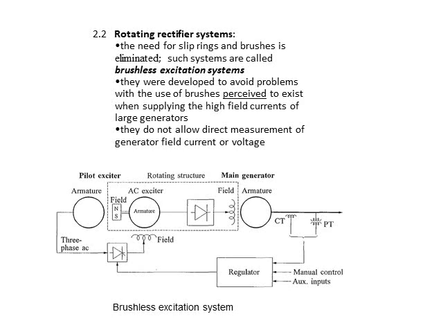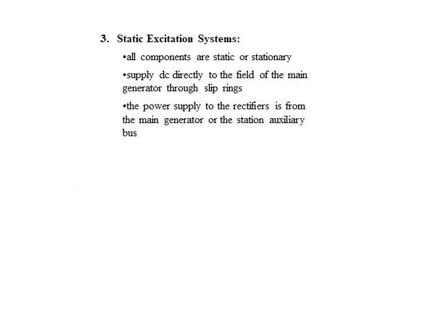They do not allow direct measurement of generator field current or voltage. That is the block diagram of a brushless excitation system. You need to master this diagram so that you can answer questions on it.